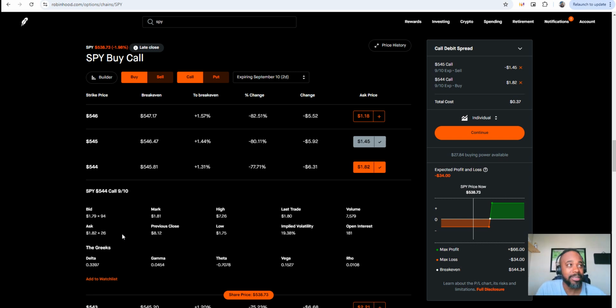So you'll notice they'll play a lot of games between the bid and the ask, and they're going to use that to advantage to make a little bit more money out of you. And the thing about the debit spreads is you want to get out of those before expiration, otherwise, you're gonna get ate up. So just be careful with that.